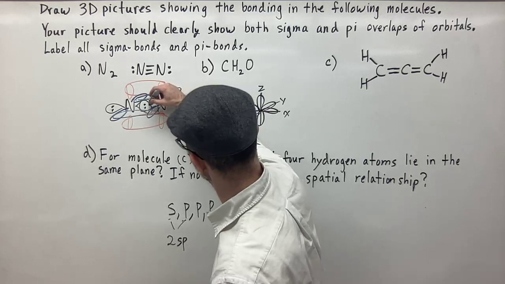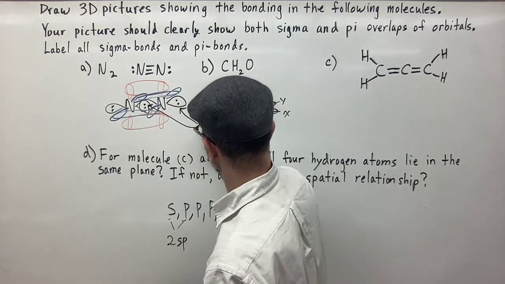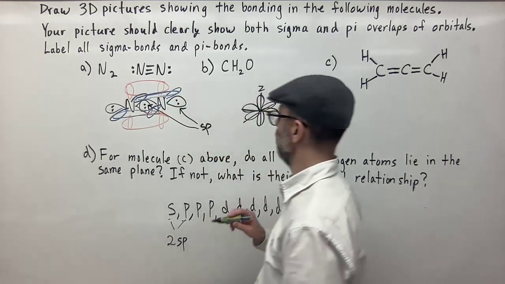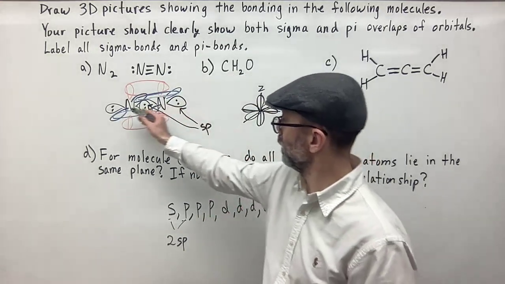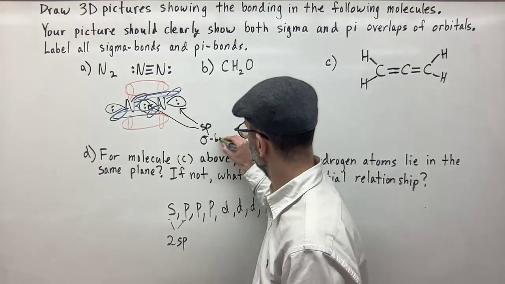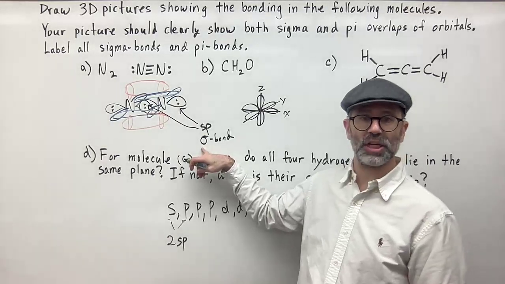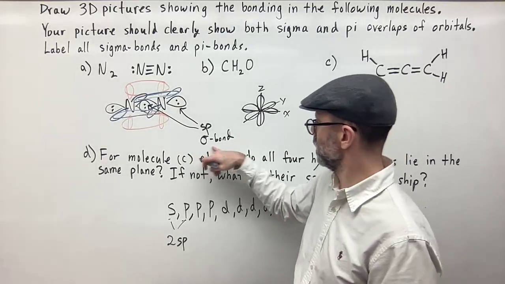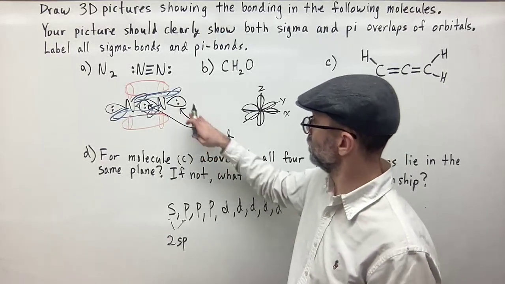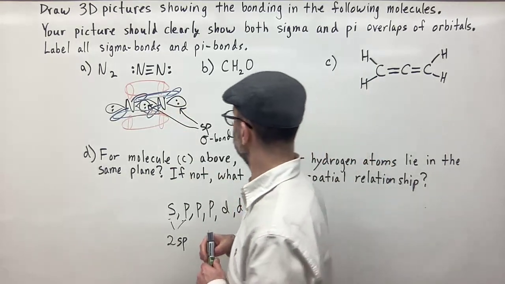As far as the labeling goes, here and here, you have your sp hybridized orbital, and that's going to be your sigma bond. This is the Greek letter sigma. So that's your sigma bond, right?